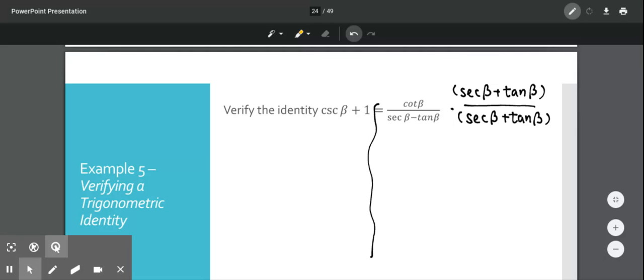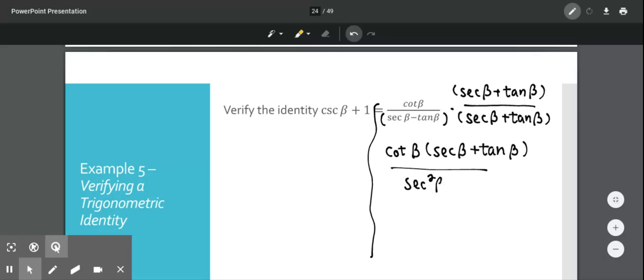So we'll have cotangent beta times secant beta plus tangent beta over, when we FOIL out the denominator, we get secant squared beta minus tangent squared beta.